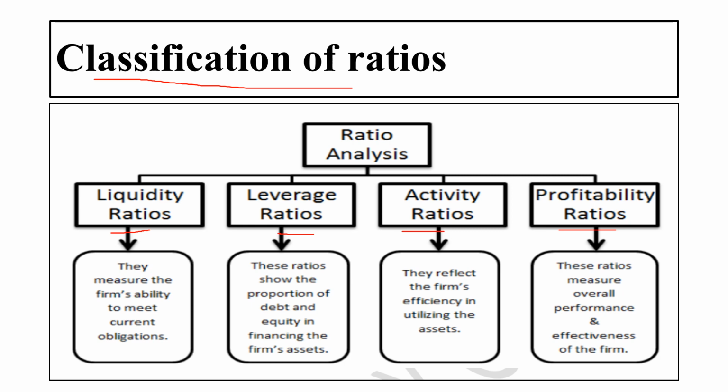Then is the activity ratio. They reflect the firm's efficiency in the utilization of assets. And the last one is the profitability ratio. This ratio measures overall performance and the effectiveness of the firm. How the organization is performing and how effective it is, that we are looking at in the profitability ratio.